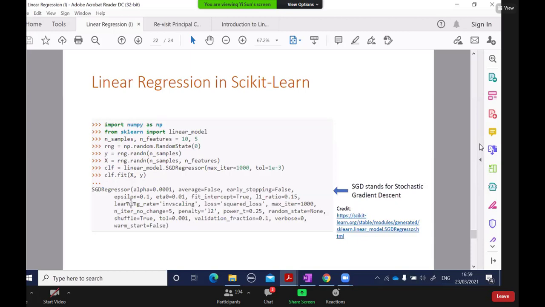I want to draw your attention to this, otherwise you may ask, you mentioned last week we need to preset some base value, but where can I set it? For this one, you don't need to. But you do need to set the learning rate. So which one is the learning rate? Remember last week when I talked about the learning rate, I said you can keep it either constant or make it change over the iterations. If you have a look at this link, it will give you some ideas how to do that.